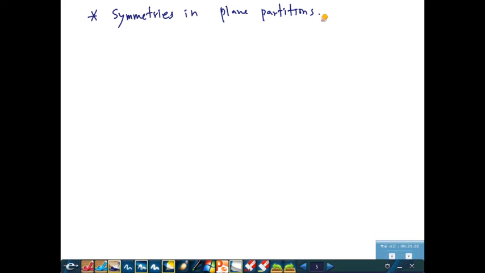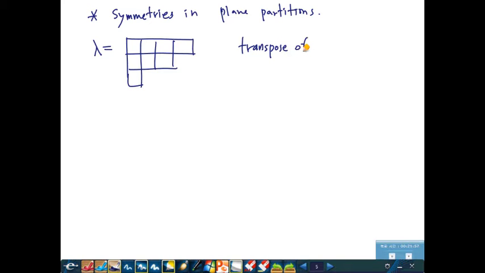So let's just consider partitions first, because they are simpler. Lambda equals 4, 3, 1, a partition, and there is a very natural operation on this Young diagram: transpose. The transpose of lambda is what you imagine. Just reflect this diagram along this diagonal line. So you will get 3 boxes.